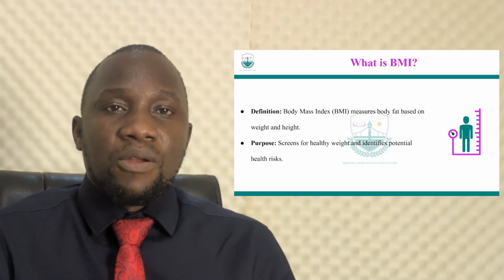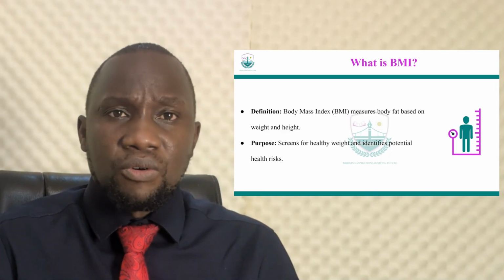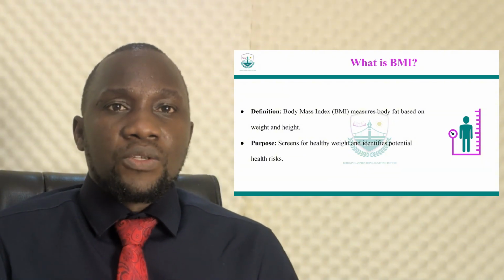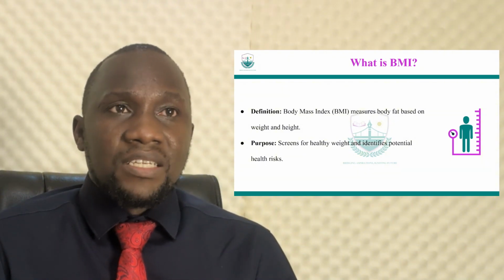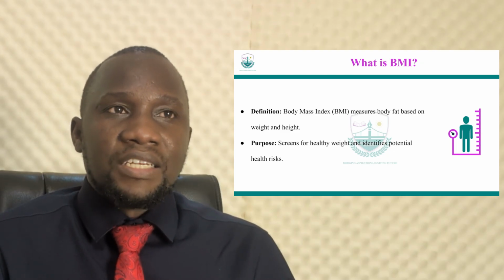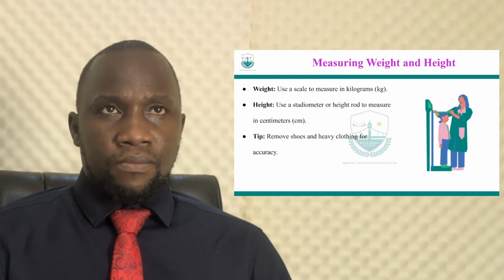We are not saying that you have this problem, that you have diabetes or hypertension. We are just saying you're at risk. So we screen individuals to determine if they are at risk of having some complications.